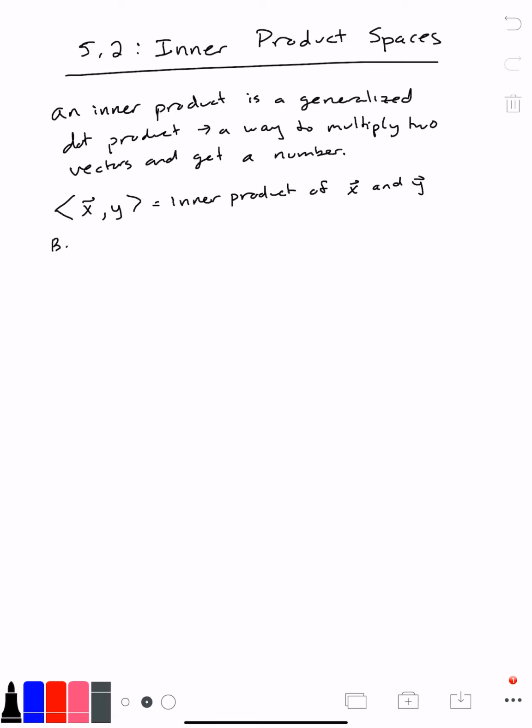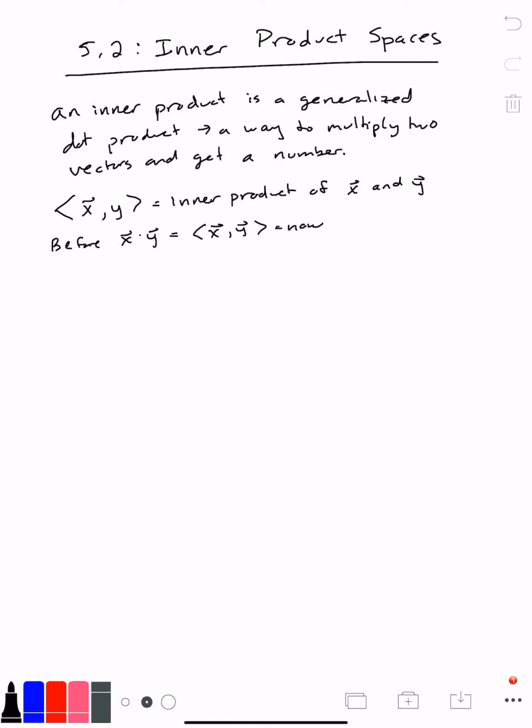So before, we would call it x dot y, and now we're going to call it bracket x and y. They mean the same thing, at least for the normal Rn. What we're going to see is we can come up with an inner product for all sorts of crazy vector spaces where you don't have a normal dot product.